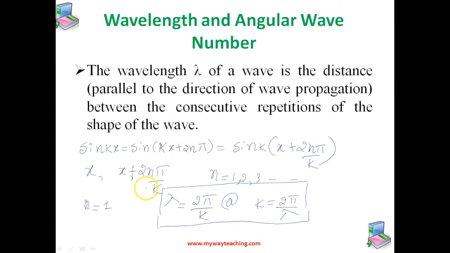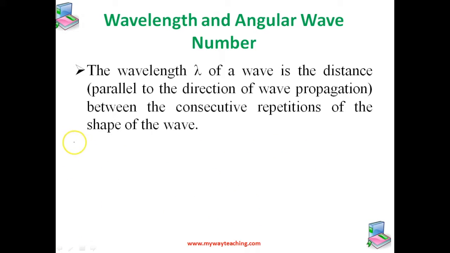So in this equation we are seeing that k is nothing but the angular wave number, or in other words we call it the propagation constant, and the SI unit of this is radian per meter.